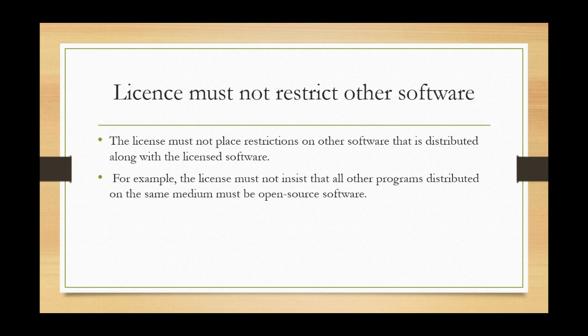For example, the license must not insist that all other programs distributed on the same medium must be open source software. So if you are using open source software, you can integrate it with proprietary software, and you shouldn't restrict the proprietary software from using or integrating with the open source software.